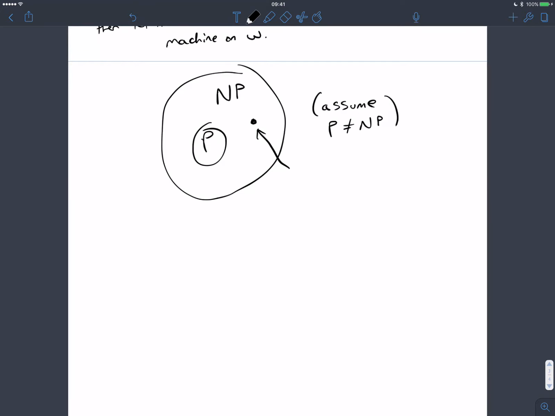Well, one way we can look at it is if we can solve that particular problem very quickly, in polynomial time, then every problem in NP can be solved in polynomial time. So if I can solve this supposedly hardest problem in NP really quickly, then all the problems in NP can be solved quickly as well.